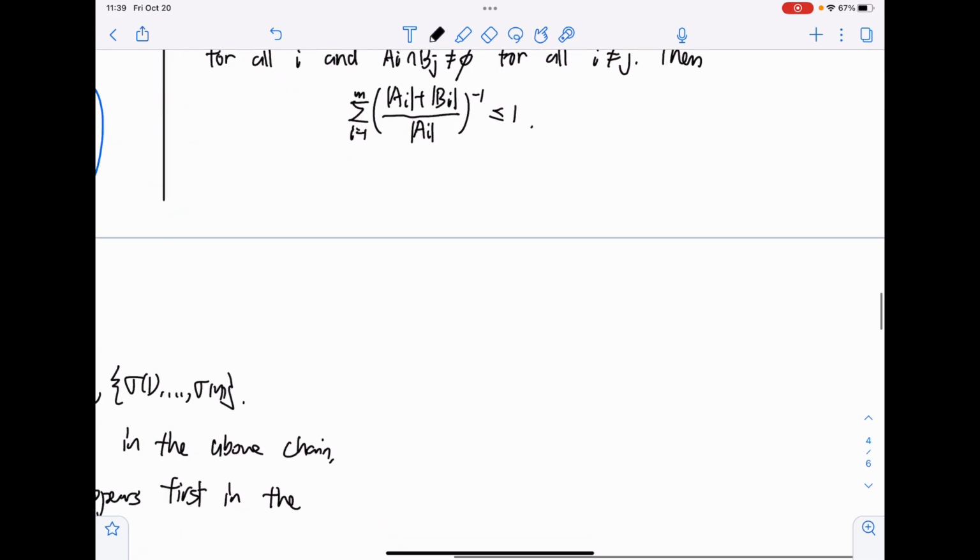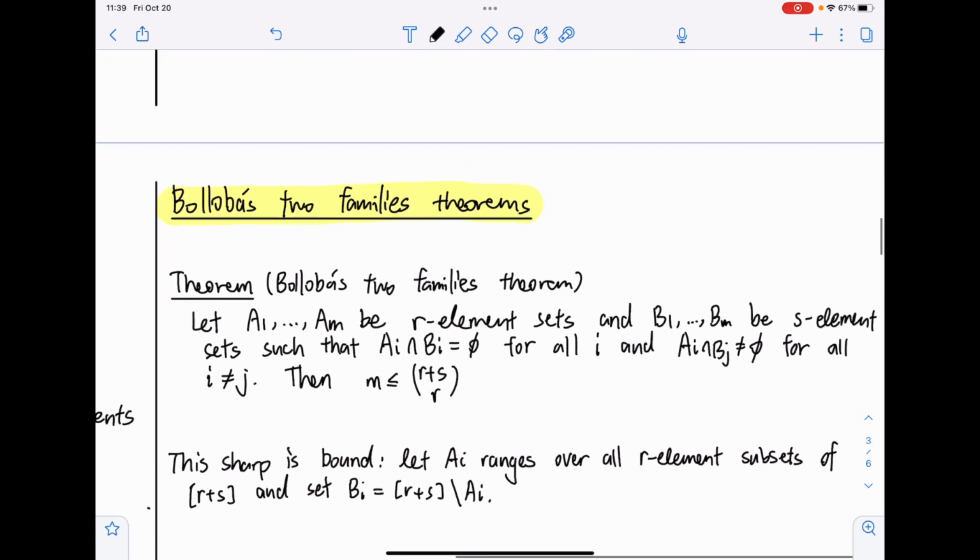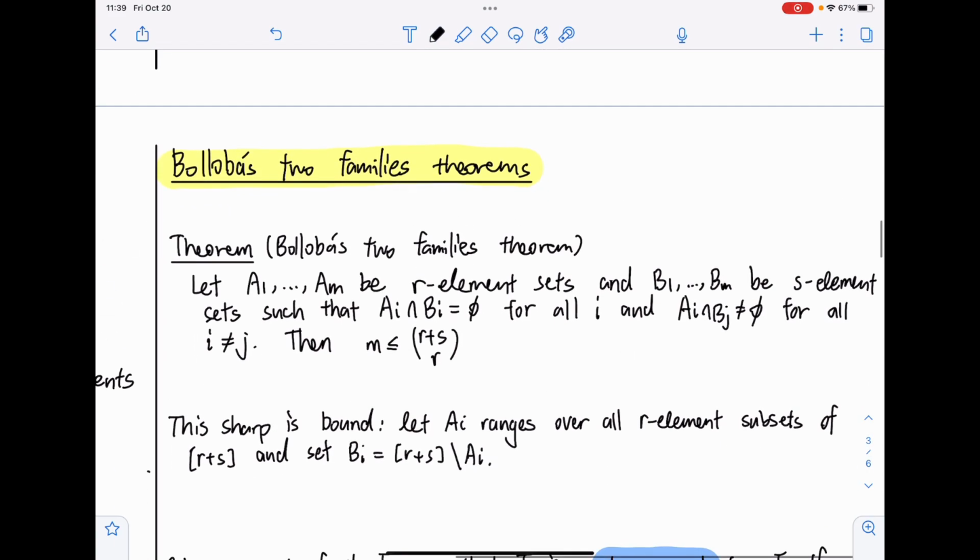And then the second one, we're going to talk about the probabilistic two-family theorem. And what does the theorem tell us? It says that there are A1 to AM, totally M, such r-element sets, and B1 to BM are all s-element sets. Each A_i and B_i are disjoint for each i, and for different indices they are not disjoint, there is some non-empty intersection.